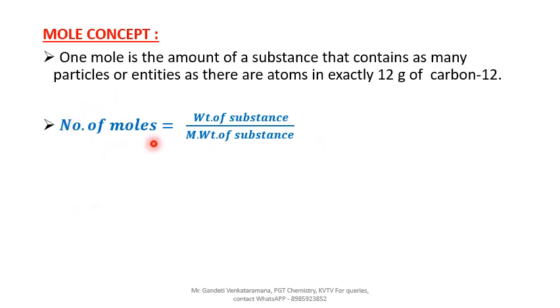Number of moles equals weight of the substance divided by molecular weight of the substance. For example, 5 grams of water. So the weight of the substance is 5. What about the molecular weight of water? H2O is 18. So 5 by 18, you will get some number of moles.